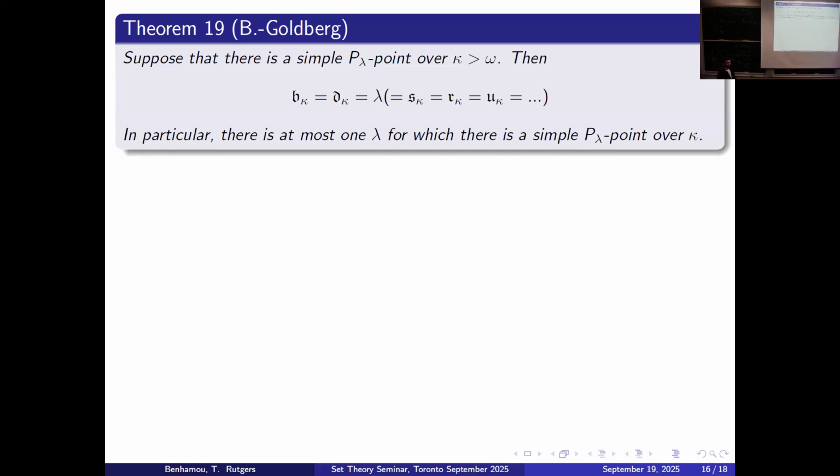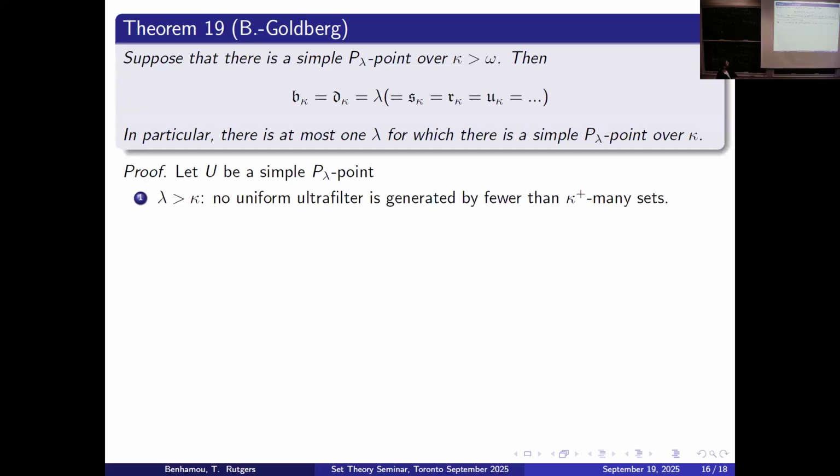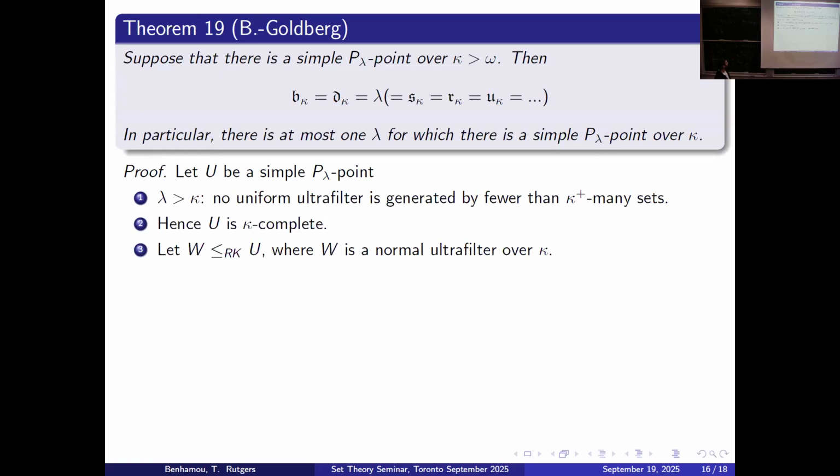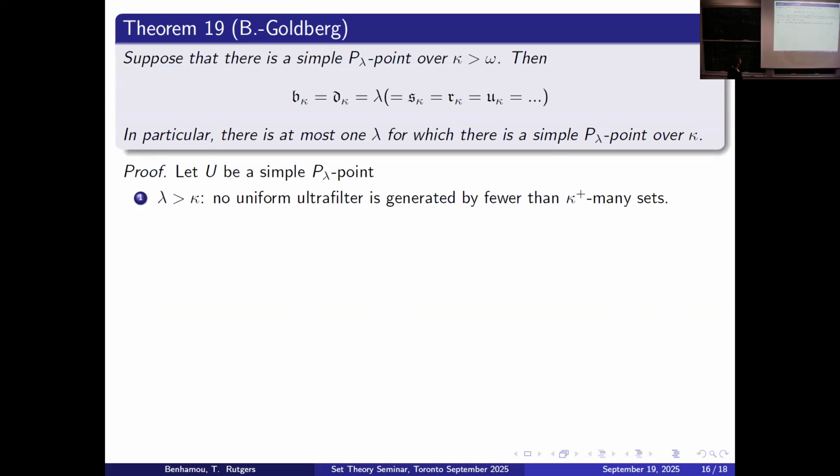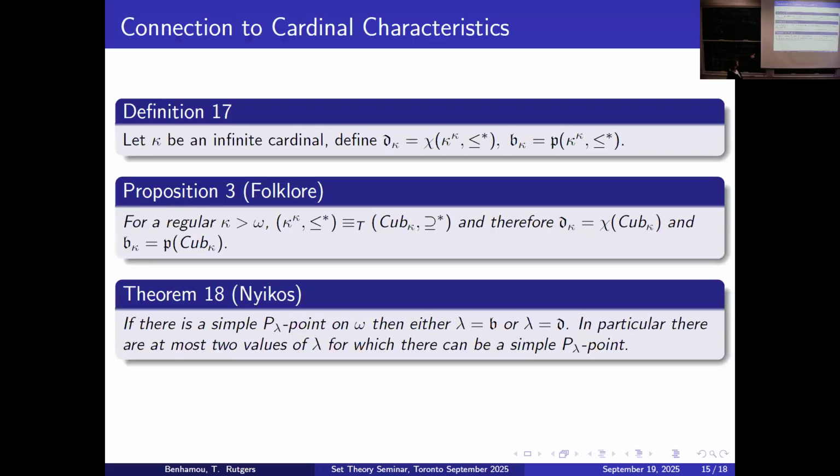Can you say a word about the proof? Yeah, the idea is that b kappa and d kappa have a nice characterization on regular uncountable cardinals. Here, proposition 3. It's using the club filter. b kappa is basically the character of the club filter, the minimal size of collections of clubs which don't have a pseudo-intersection.